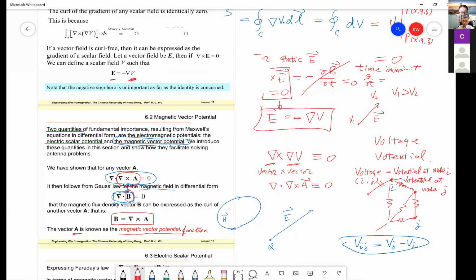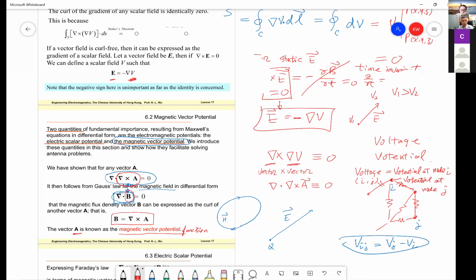So we can solve the scalar function first, then simply take the gradient, and then we get a vector field. What a convenience.